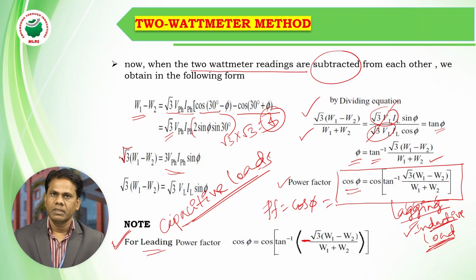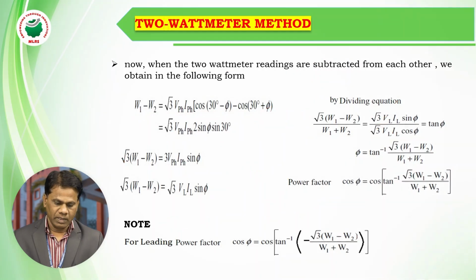So this is the difference you need to remember. For lagging power factor loads, there is no minus sign. For leading power factor loads, there is a minus term.